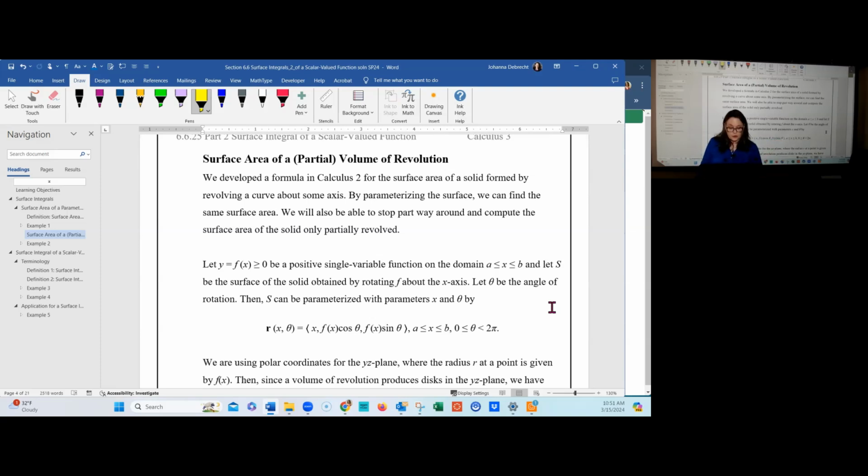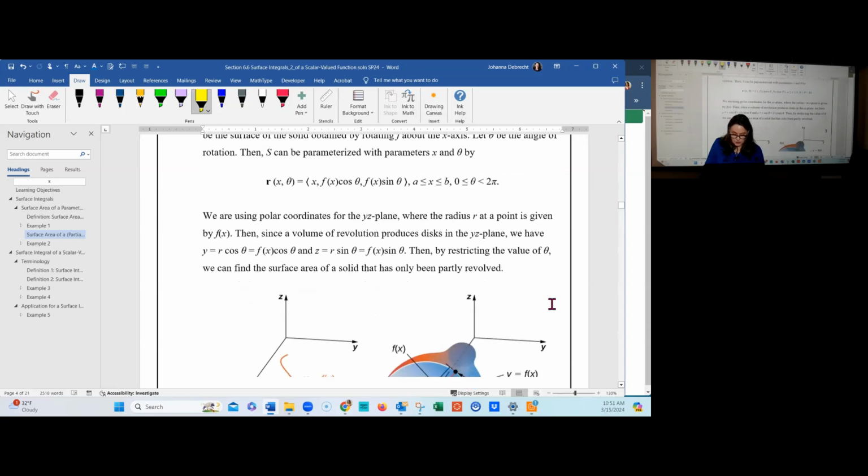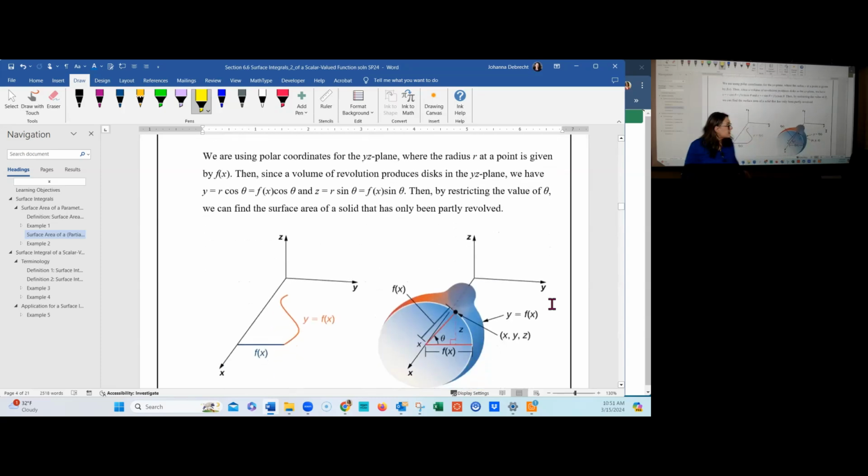The reason we're getting those is that when you revolve it around an axis, you produce disks at each value of x. And each disk, of course, has a circular cross-section. Because it's circular, you know that you have some function value at that point, which is giving you the radius of the circle.